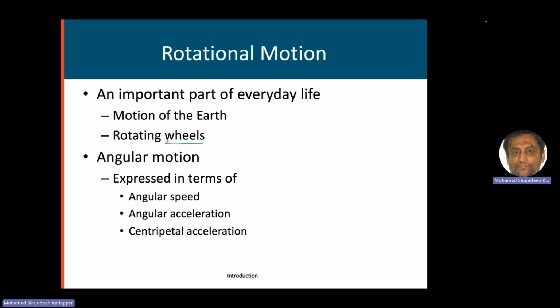So rotational motion is something that we have to take seriously. The angular motion is expressed in terms of angular velocity, speeds, angular acceleration, and centripetal acceleration. So we will see what they mean, but here's an overview.